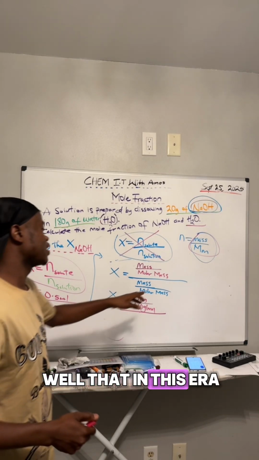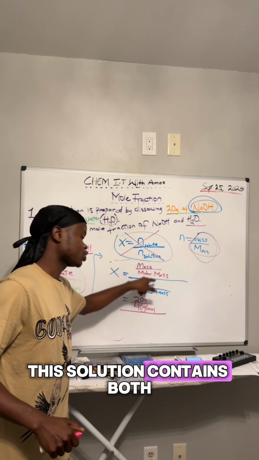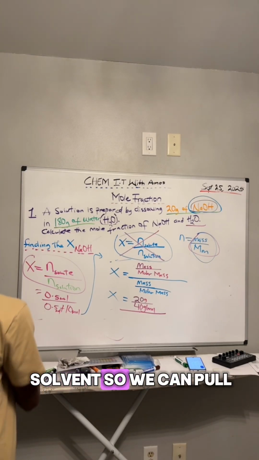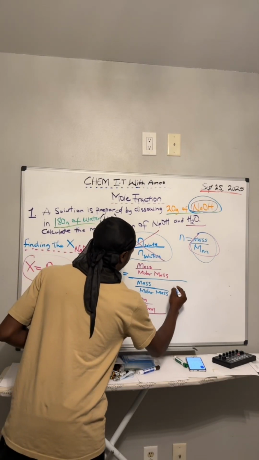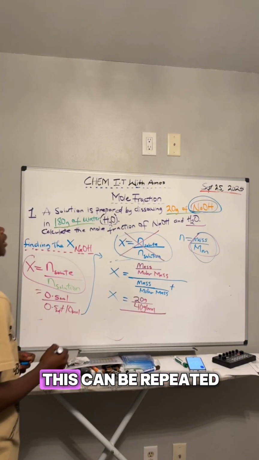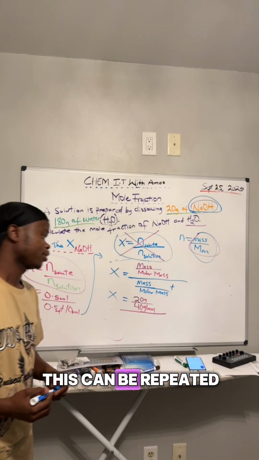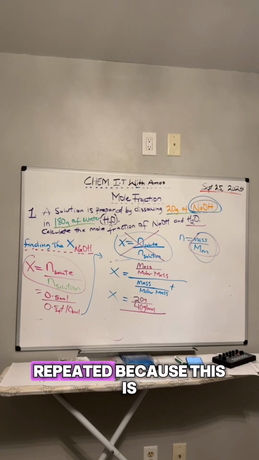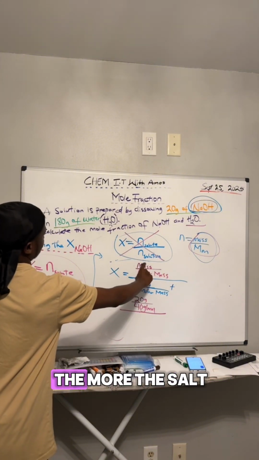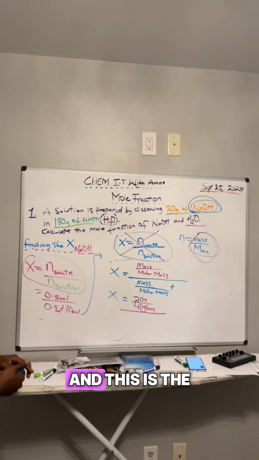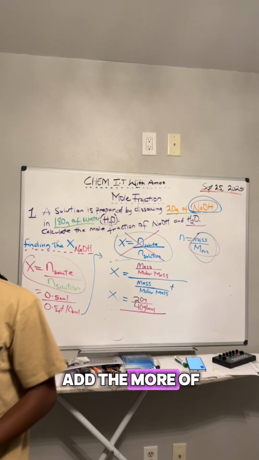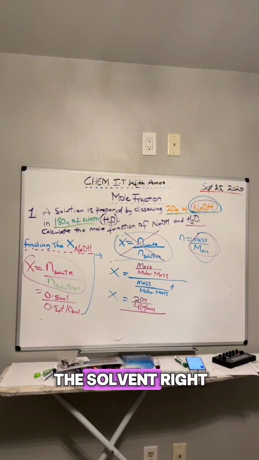And we are fully aware that in this solution, it contains both solute and solvent. So we can put plus right here, and this can be repeated, because this is the mole of the solute, and this is the mole of the solute also, plus we need to add a mole of the solvent, right?